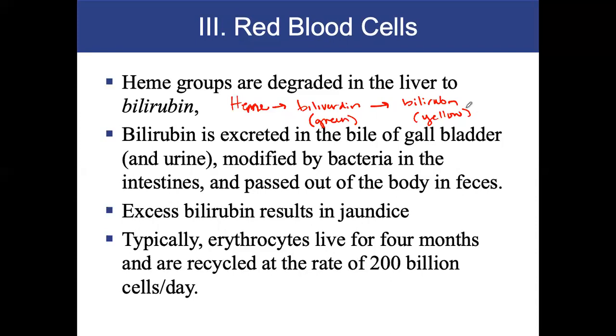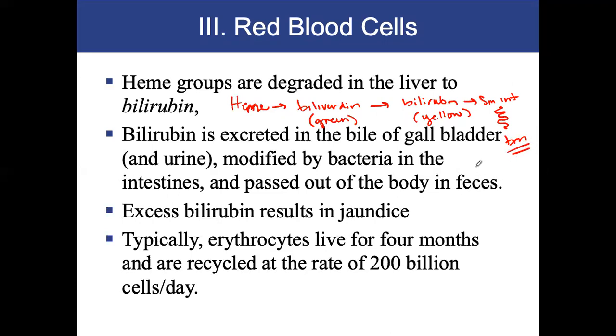Bilirubin is excreted in the bile of the gallbladder, and then it passes out of the body in feces. So it goes into your duodenum, right? So into your small intestine. And as it goes through your digestive tract, it oxidizes and it ends up turning that brown color of feces or poop, right?